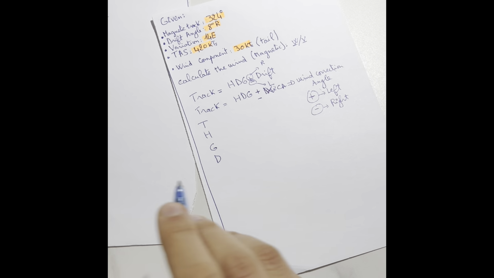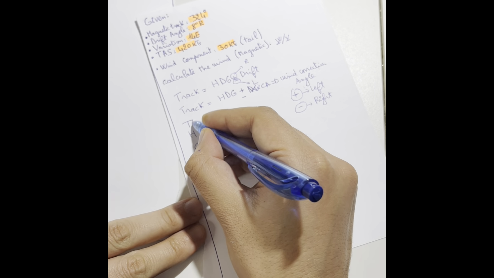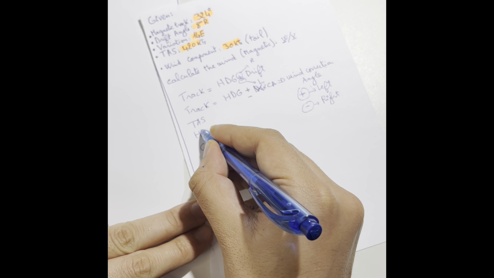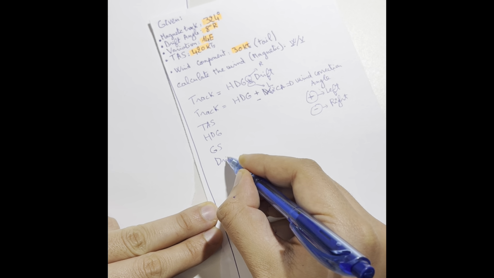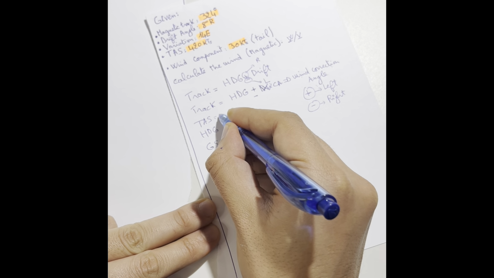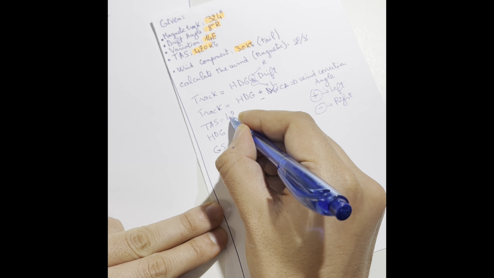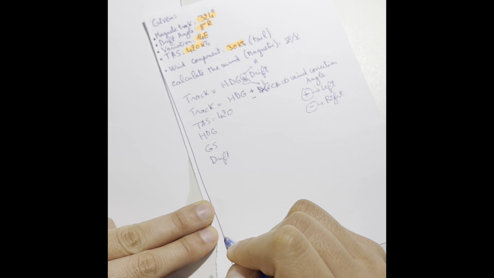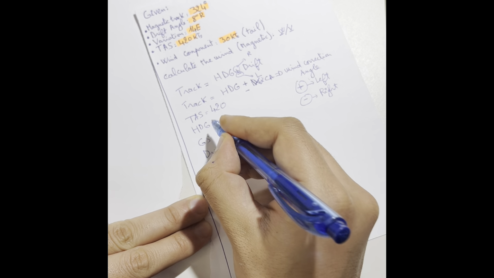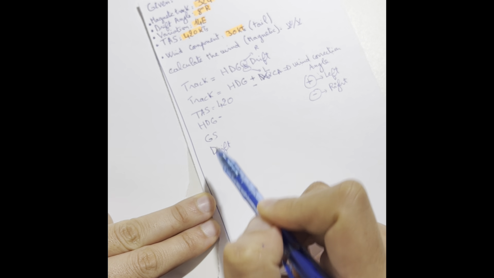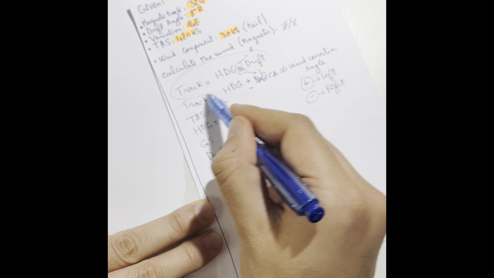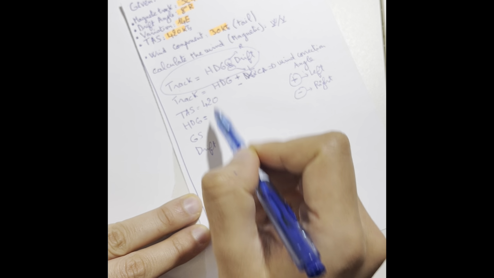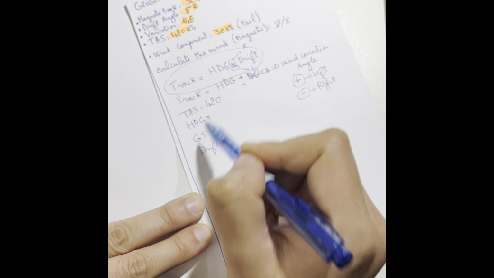The T stands for the true airspeed, H is for heading, G is for ground speed, and D is for drift. We already have 420 for true airspeed. We do not have a heading, although we have a track. And as I showed you in this formula, we can figure out our track from the heading and from the drift. We're gonna go back to that.